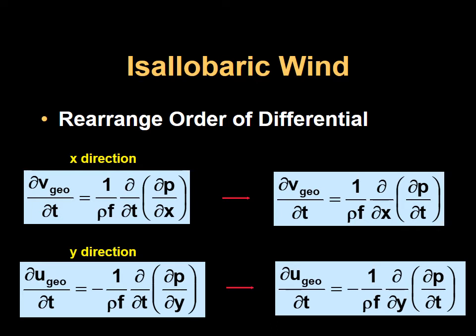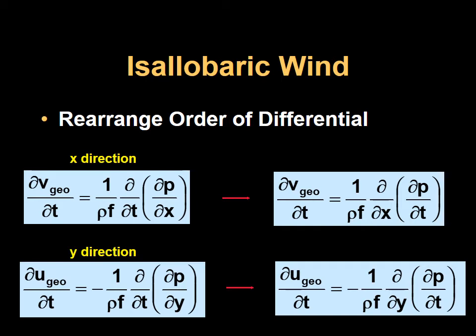So what we're going to do now is take that equation, where we just took the time derivative, and swap the time derivative. And we can do this with the derivative with respect to x of the pressure.